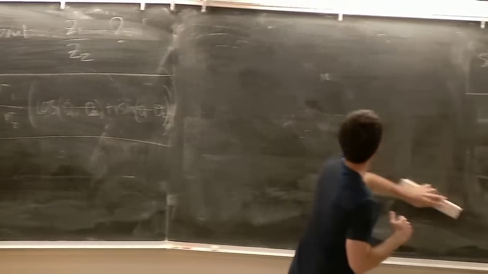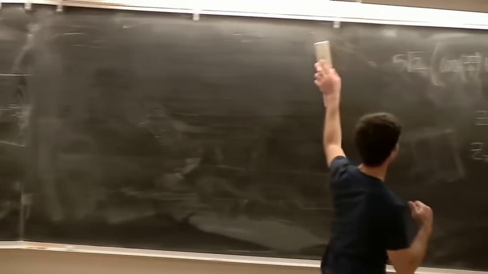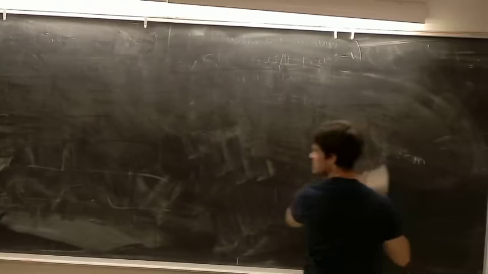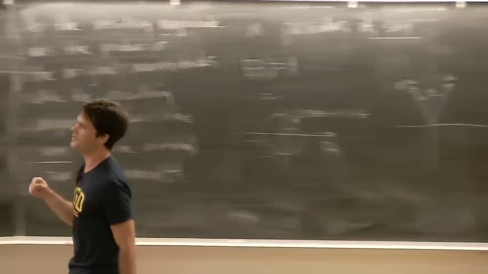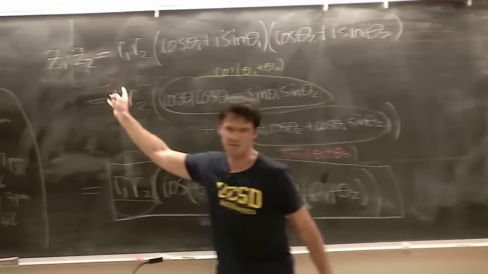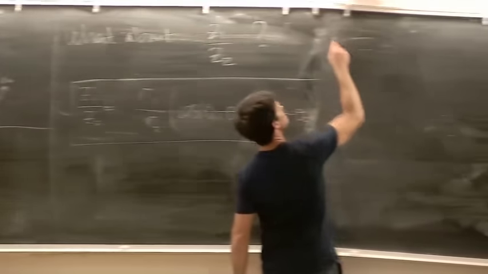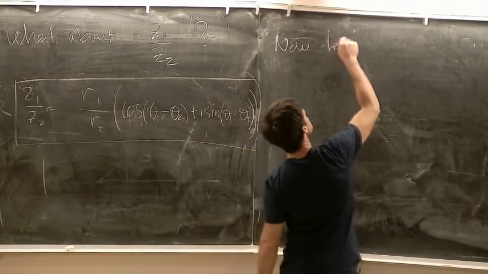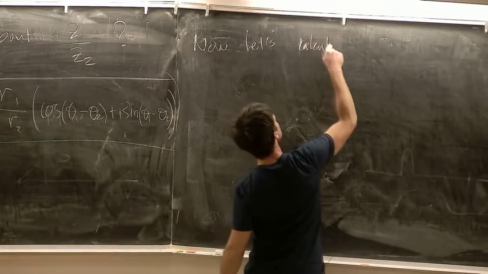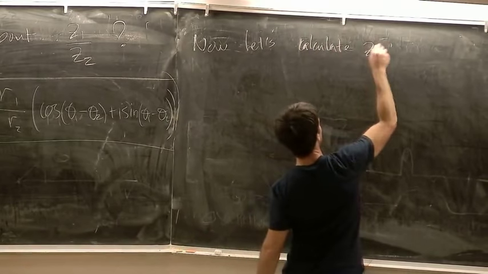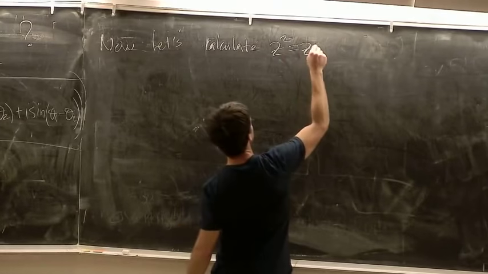Okay, so let me use that multiplication formula, and let me suppose I let z1 equal z2 in that formula. In other words, I want to calculate z squared, which is z times z.